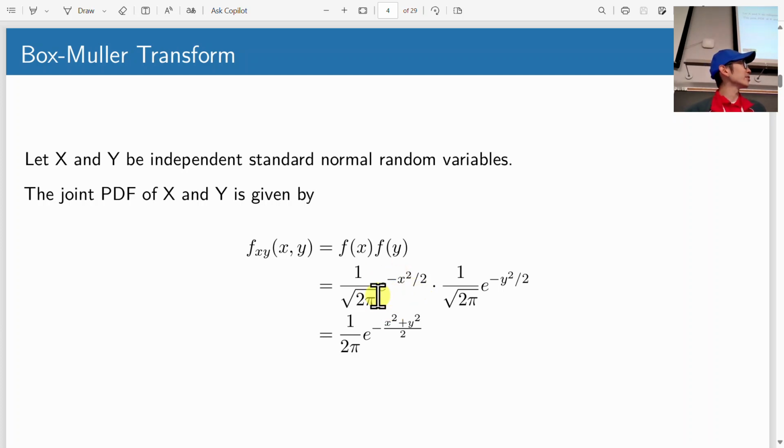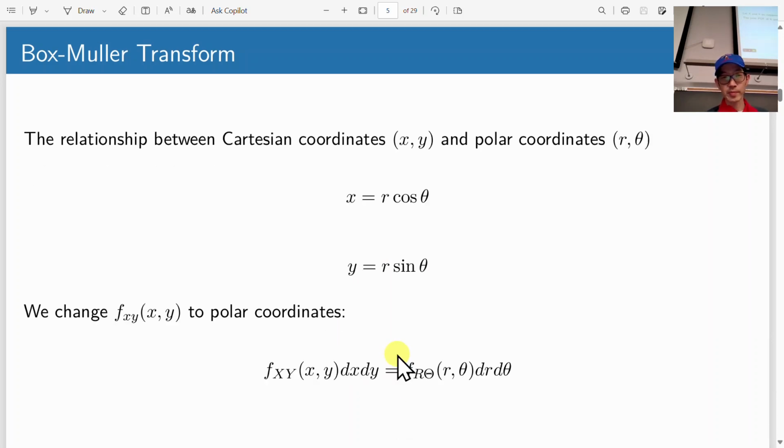It's normally root 2 pi sigma, but sigma is 1, and then x minus mu squared, but mu is 0, so it's x squared. So you have the density of a standard normal x times the density of a standard normal y, and when you do that, you can combine them into this. So the joint density of two independent variables x and y will be this.